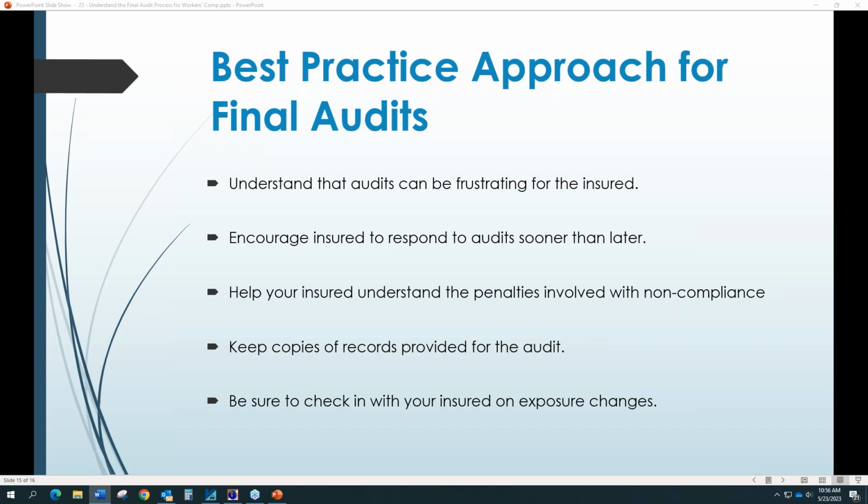And it's important to keep records of everything the insured submitted for the audit in case of a dispute. And lastly, be sure to check in with your insured on any exposure changes during the policy term, location, payroll, employee count, subcontractor exposure, and entity changes, because all of those can affect your insured's final audit outcome.